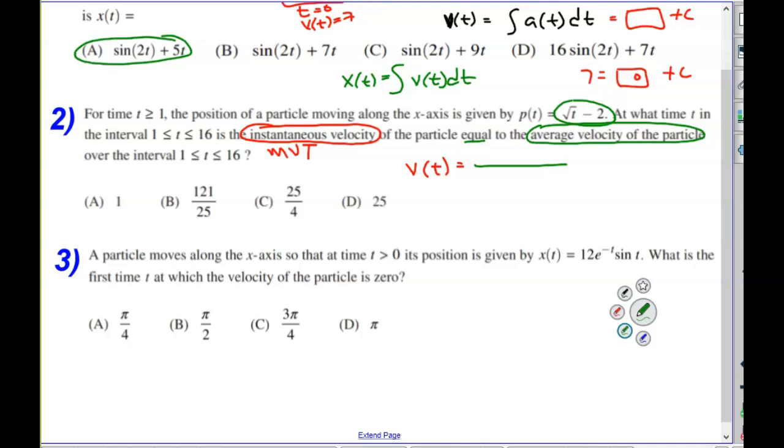And then I would have to find the position from 1 to 16. So I do 16 minus 1 over the position at 16 minus the position at 1. This is a number. If we plug in 1 and plug in 16, we get the number equals the derivative, and then you just have to solve. I don't know if you remember doing that.